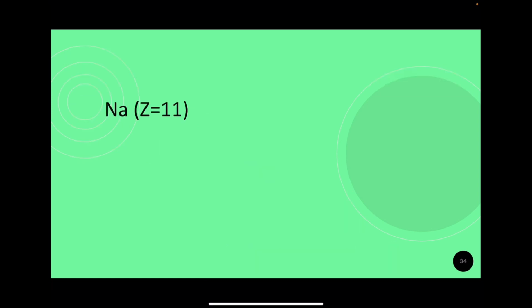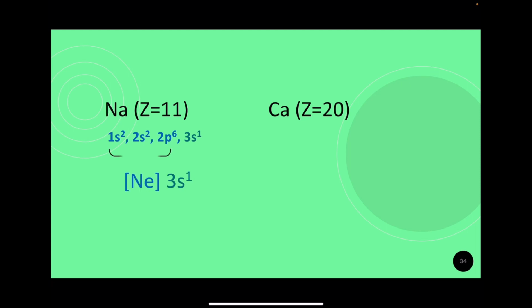So let's do an example of how to use the condensed electron configuration. Let's say we have sodium. For sodium, this is the simplest way to write the electron configuration using SPDF: 1s2, 2s2, 2p6 and 3s1. If you can see, the blue part, 1s2, 2s2, 2p6, is the same as the electron configuration for neon, which has 10 electrons.